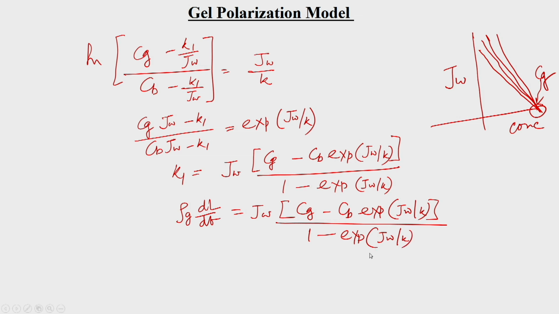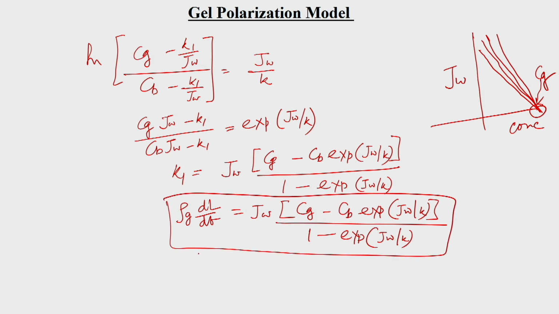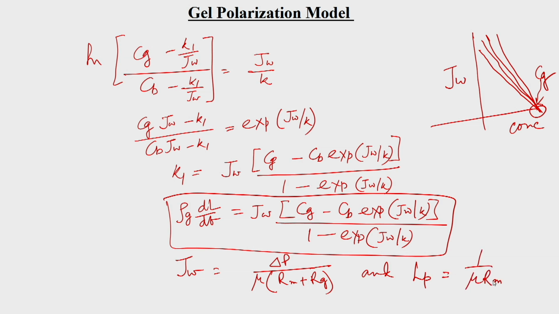So, now we have this expression, and we also have this Jw is equal to del p by mu into (Rm plus Rg), that we told, because the gel layer resistance also plays an important role in case of gel polarization model, where the solutes are with bigger molecular weight. Okay. And here, this Lp membrane permeability will be like this 1 by mu into Rm. Okay.